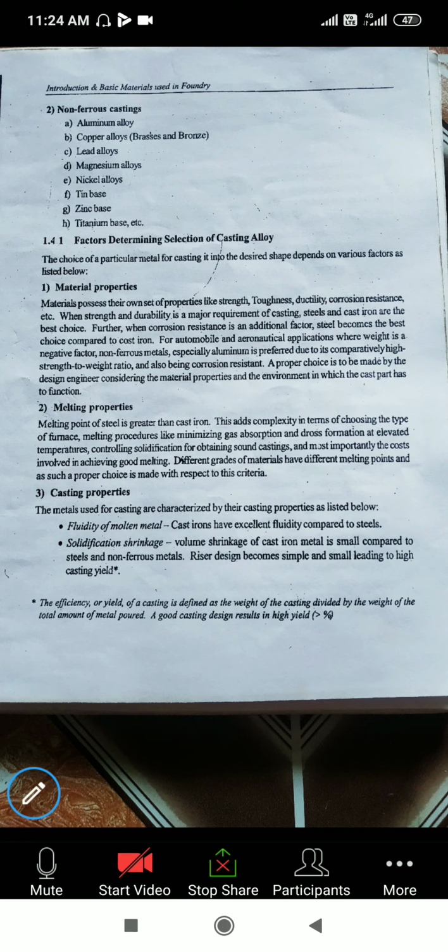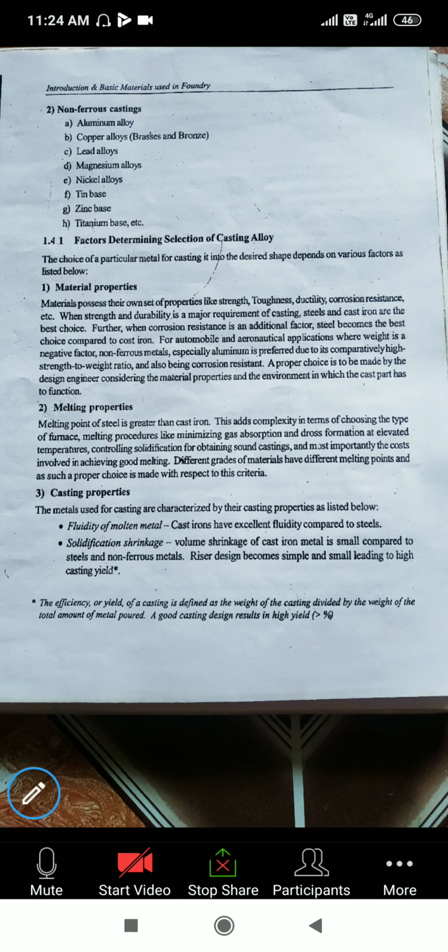Further, when corrosion resistance is an additional factor, what does that mean? When the casting comes into contact with moisture, a reaction occurs, a chemical reaction which is called corrosion or rust.